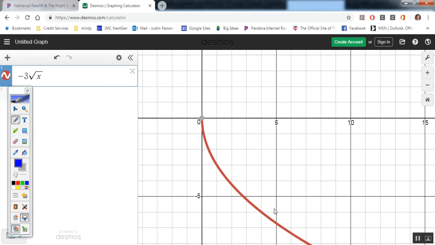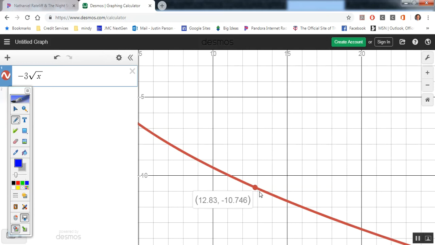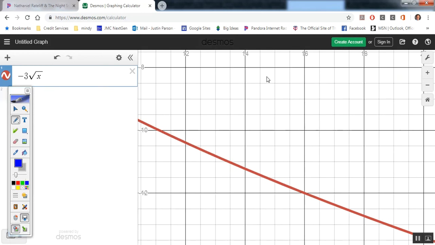I'm going to follow this down to 16. Does it look like 16 negative 12 is going to be our value? Oh, I saw it. Did you see it? Yeah, right there. Well, you get it though, right? Okay, so 16 negative 12.